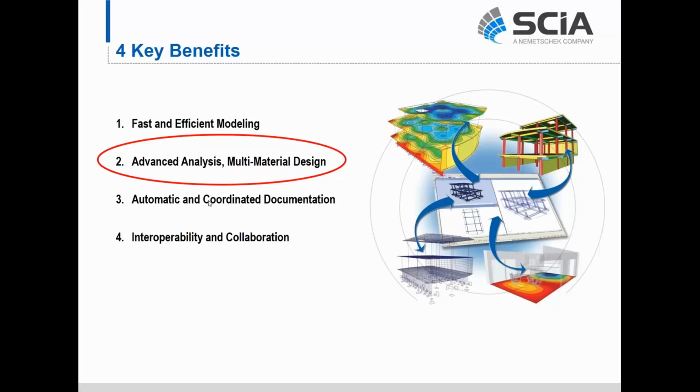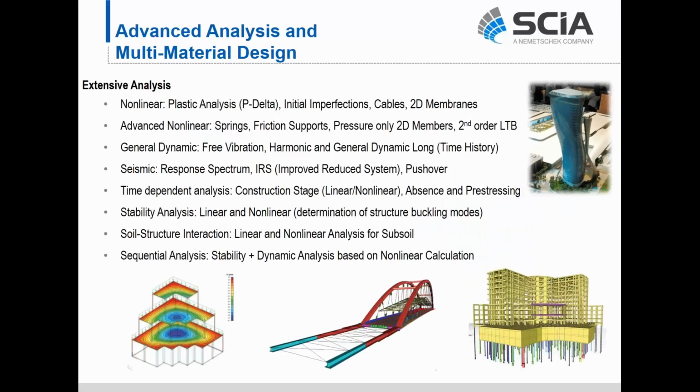So the next key benefit I want to jump into is advanced analysis and multi-material design. So SCIA is a very robust and sophisticated analysis package. It is also scalable. So this allows us to provide a more custom solution for our clients. So here you can see a list of some of our analysis capabilities, and we can tailor these for our clients as needed.